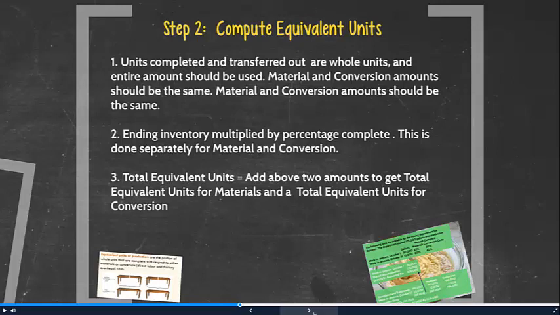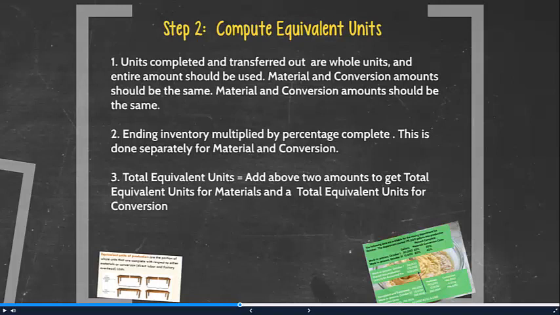Because products are typically done at a different pace, materials sometimes are added before, and conversion again is the direct labor and manufacturing overhead that might be completed more towards the end of the process. So each of these units in ending inventory might have a different percentage complete based on materials and conversion.